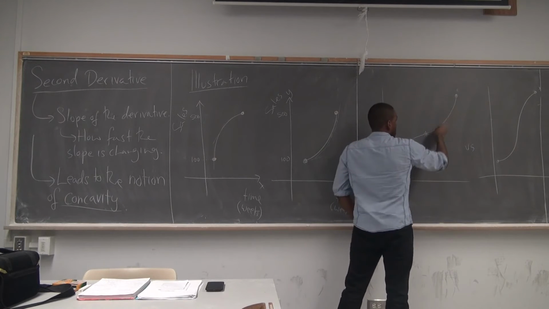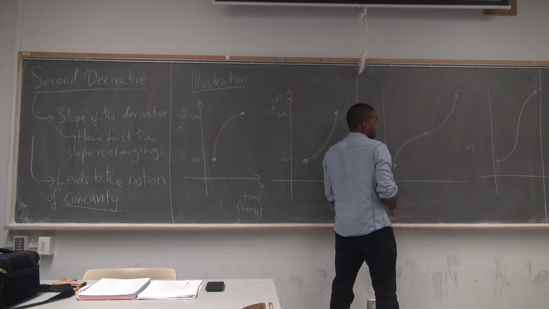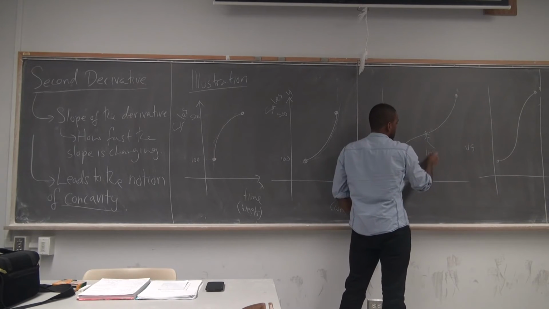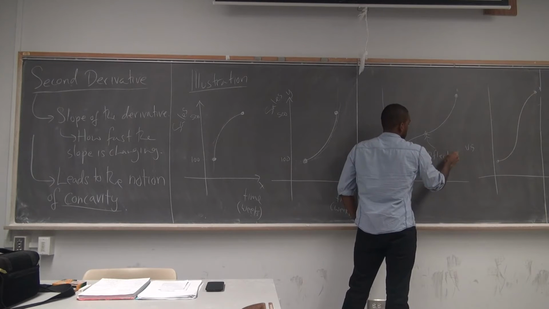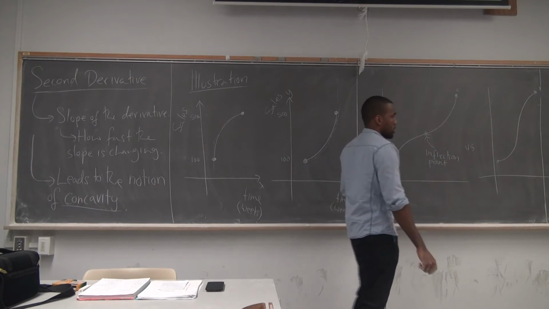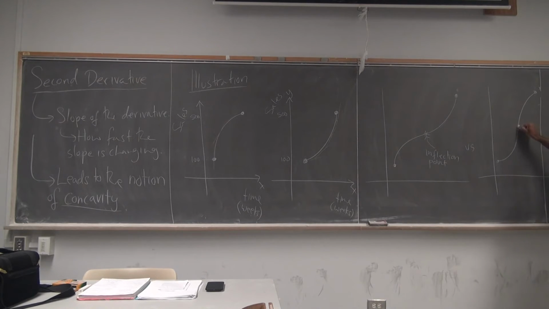Now the slope starts increasing. This point where the slope behavior changes is called an inflection point, which we're going to describe in detail later on. So here again, this would be called an inflection point.